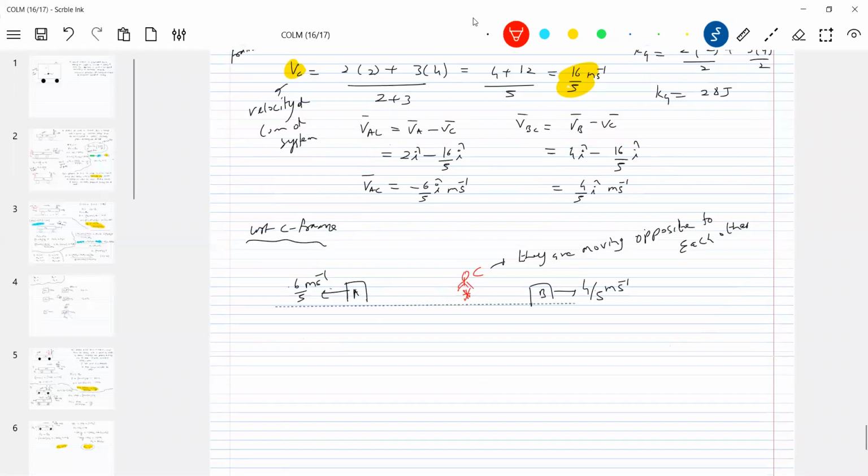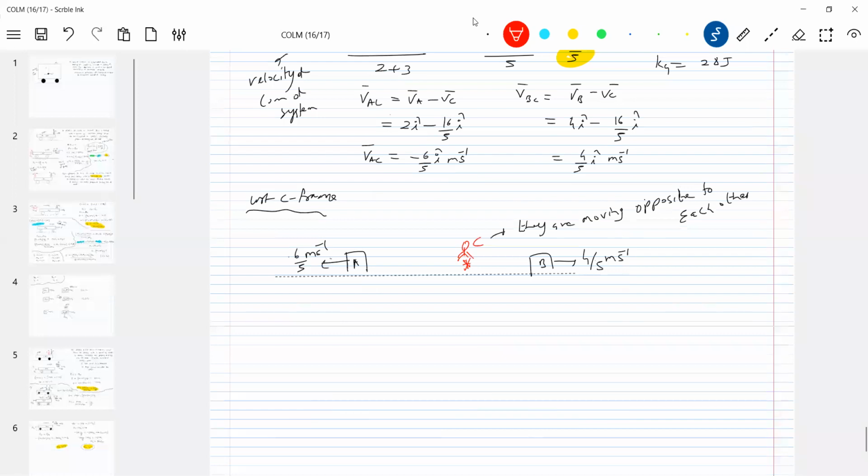No? Let's calculate the kinetic energy with respect to center of mass. I should write MA VAC square by 2 plus MB VBC square by 2.